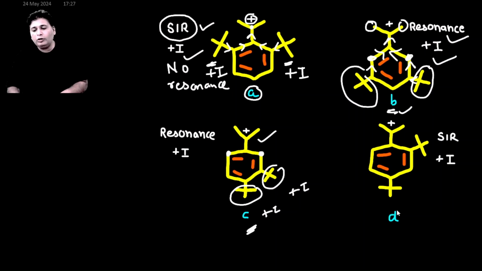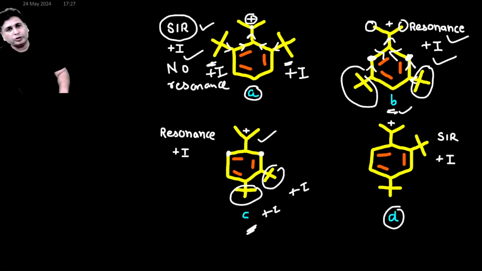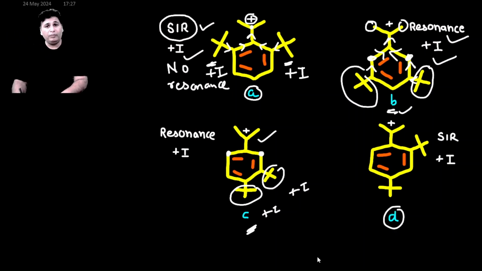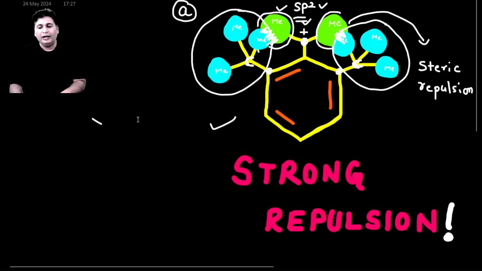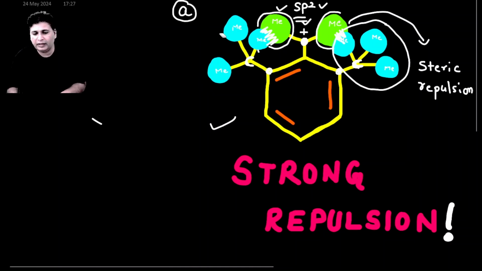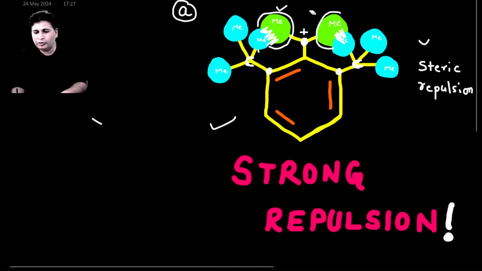Now coming on to D, you should understand what the problem is. The problem is it has one group at the ortho position. If you again see this picture, here you have the two groups. So let me make it clear.